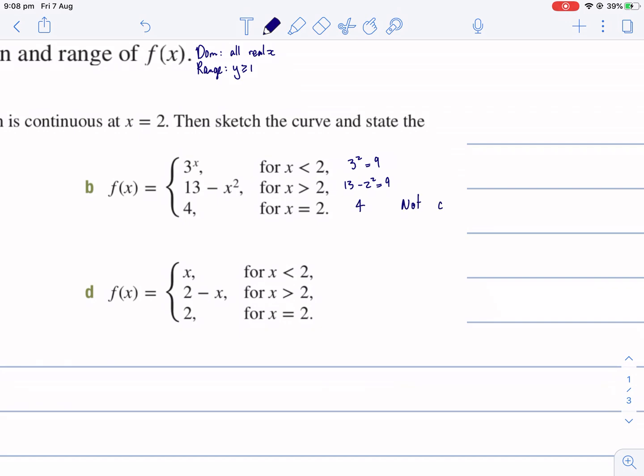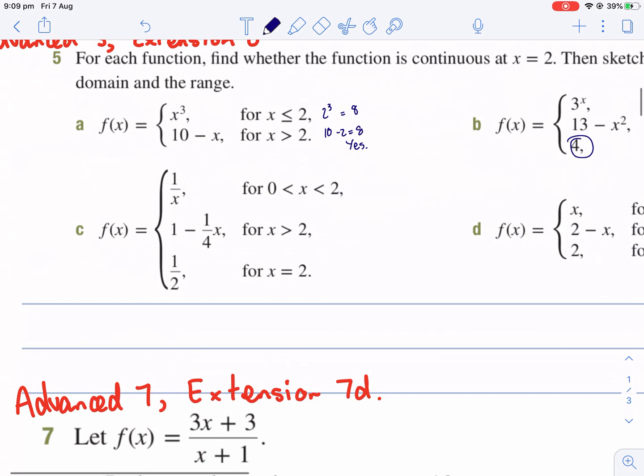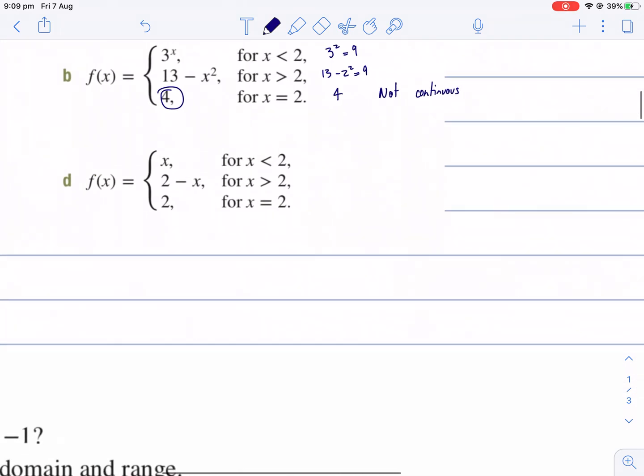Not continuous, because they had this random drop. 1 on 2. 1 take a quarter times 2. It was half. Half, yes, it's continuous. 2 take 2, which is 0. 2, not continuous.